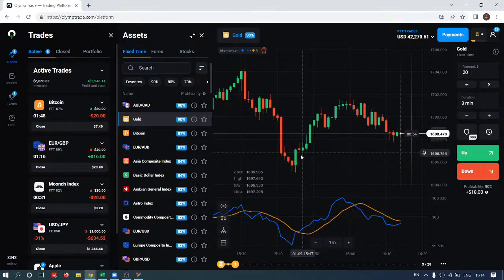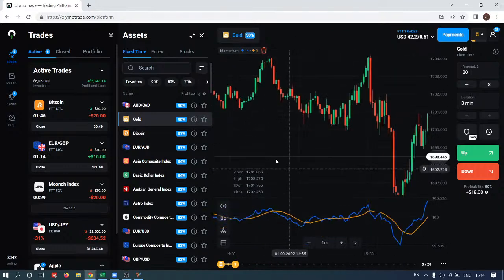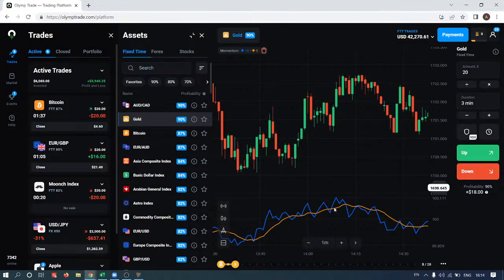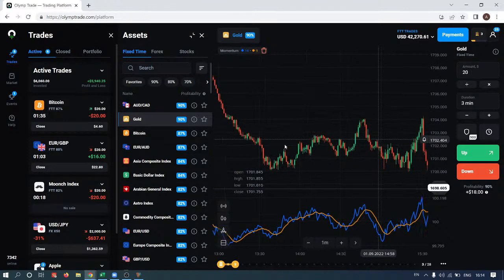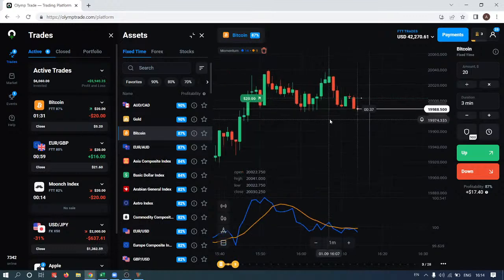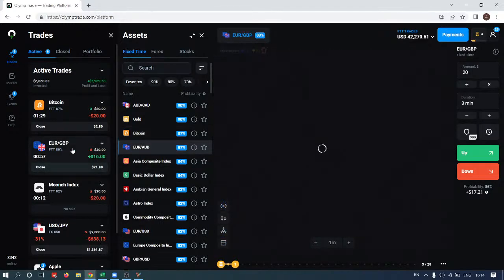Basically, one signal, one signal, one signal here. But then when it becomes like a chainsaw, where it goes up down, up down, up down, and there are too many crossings, that's when you want to refrain from trading a little bit, and you want to switch to other assets.